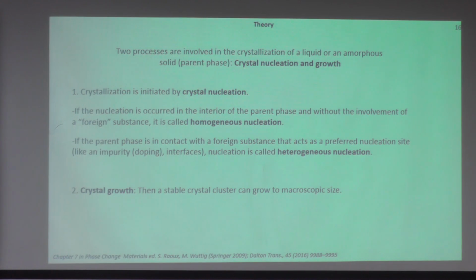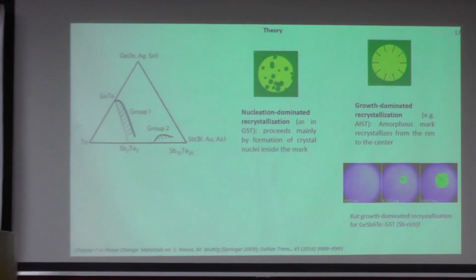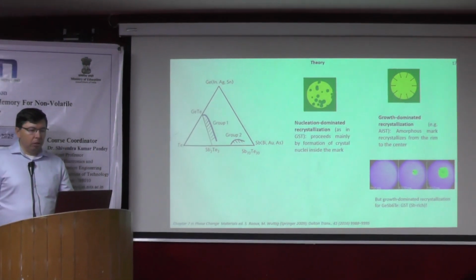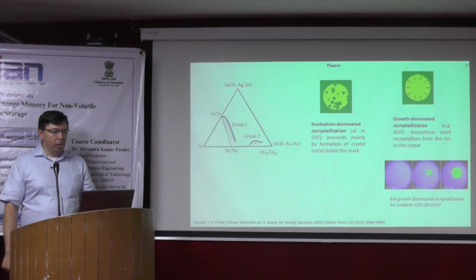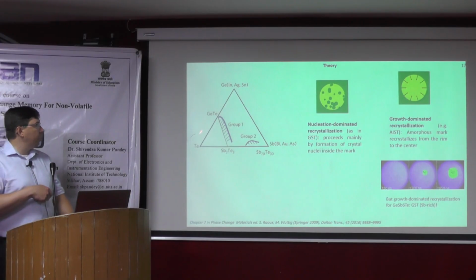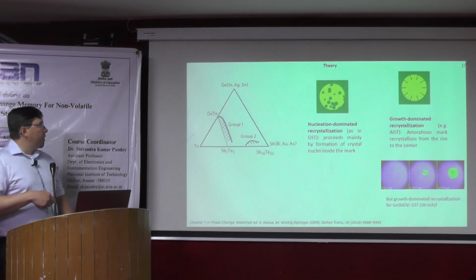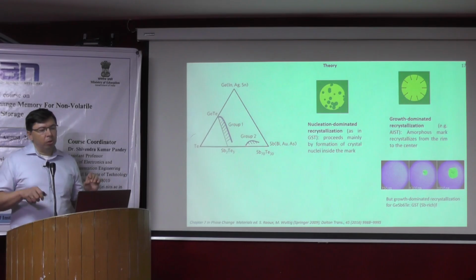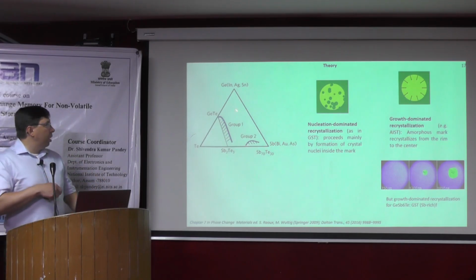If you have a stable nucleus, then it can grow in different directions, to microscopic size. Now let us look at the properties of phase change materials. They are summarized here on this diagram. There are mainly two groups of phase change materials.